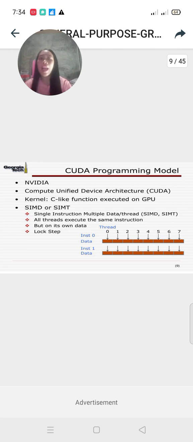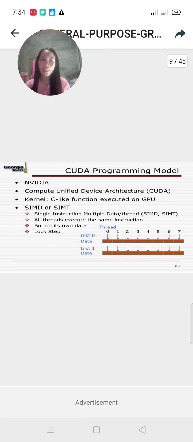CUDA-accelerated libraries and compiler directives. CUDA-capable devices are typically connected with a host CPU, and the host CPUs are used for data transmission and kernel invocation for CUDA.